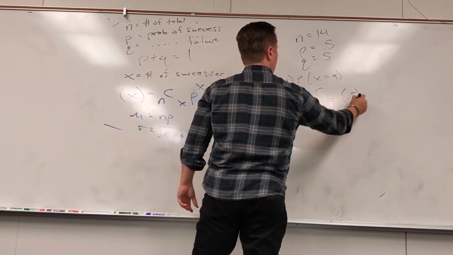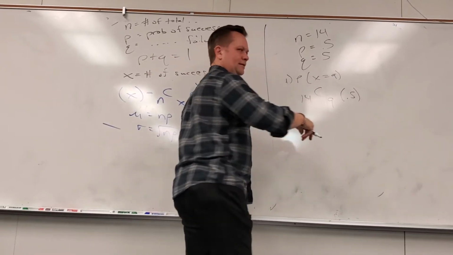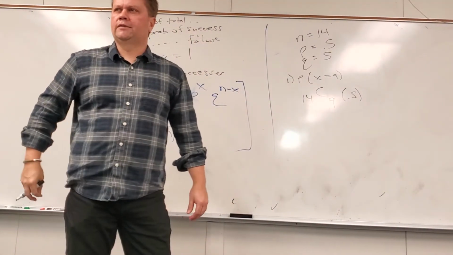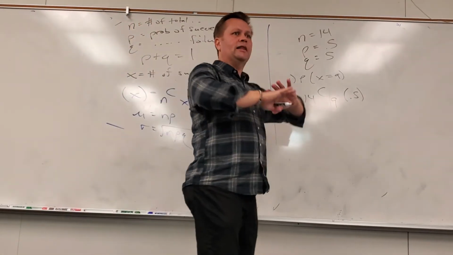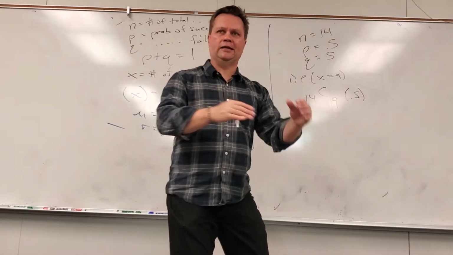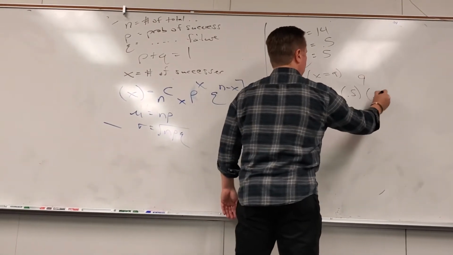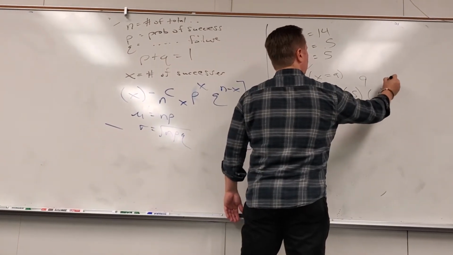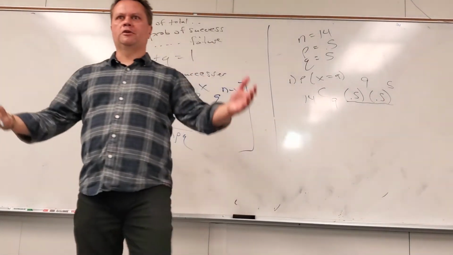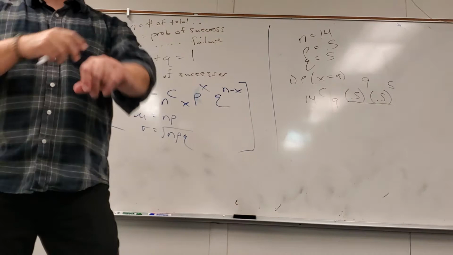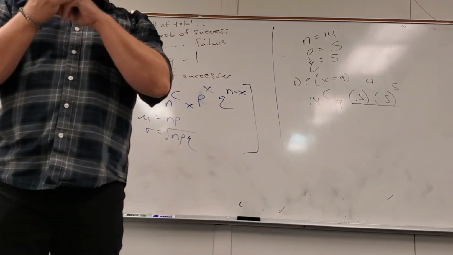So how many successes do I have? 9. So you allow it to be a little repetitive. That's kind of nice. 14 things, choose 9 of them to be successes. So I got 9 successes. How many failures? 5. Somebody might realize whenever it's 50-50, you can just always make that 0.5 to the 14, but it doesn't matter. Throw that in your calculator to see if we all get the same thing.